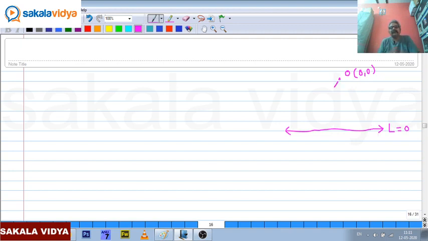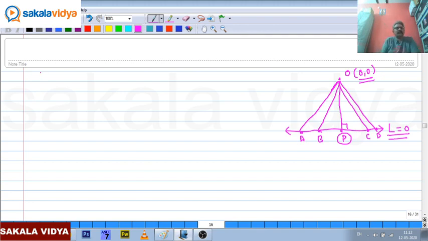So you draw the distances like this. Of all the distances, the perpendicular distance will be the smallest. Am I correct? For example, this point, this point, and this point, and this point, and this point. Say these are A, B, P, C, and D. Which will be the nearest? P. This P is called the foot of the perpendicular from (0, 0) on the line L equal to 0. That we need to find out.